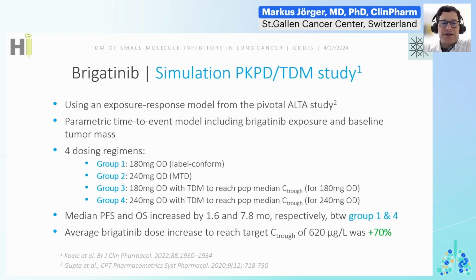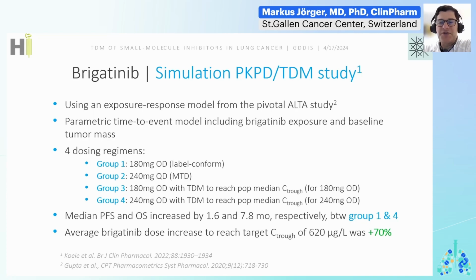They simulated patients in 4 dosing regimens: the approved 180 mg, the MTD dose of 240, and then 2 groups that targeted a median C trough for 180 OD or 240 OD.